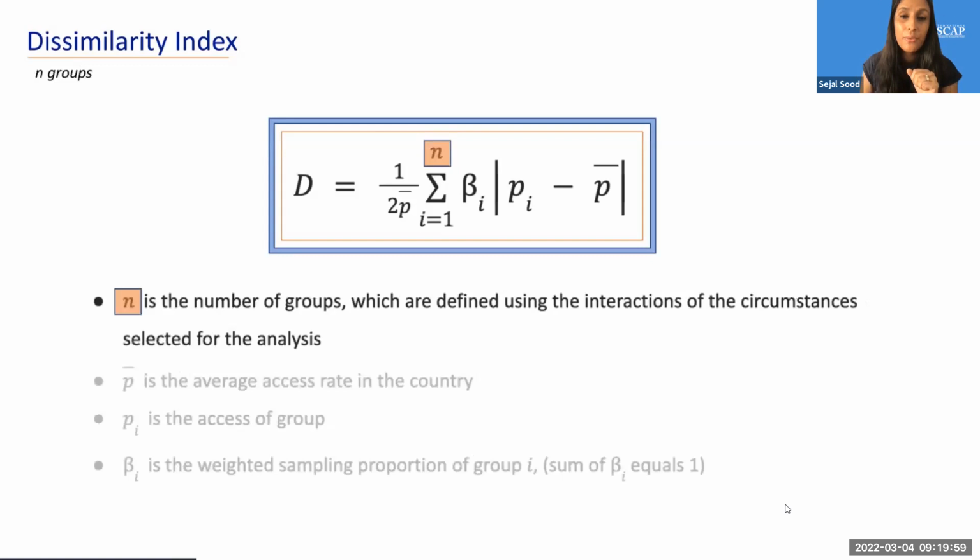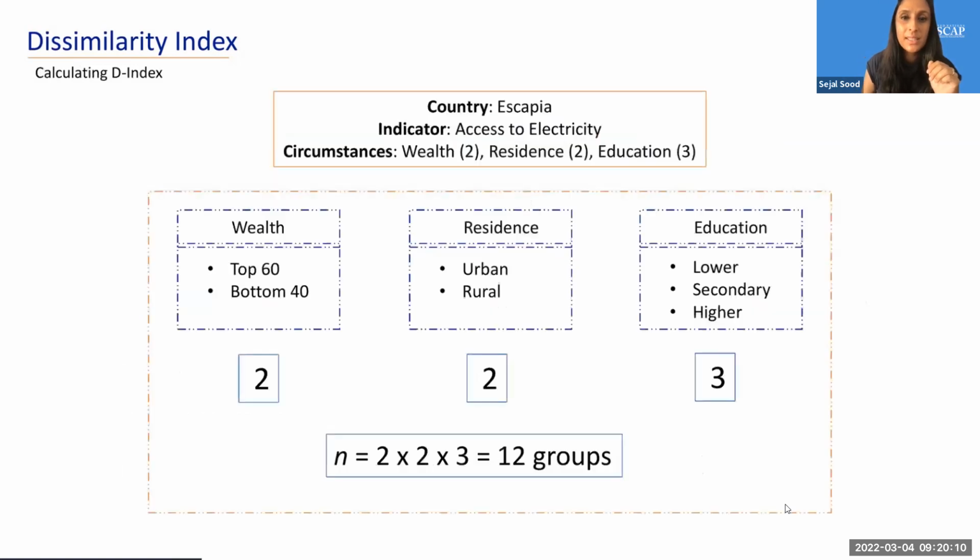So the first element of our D index formula is N, which is our total number of groups that we are considering when calculating inequality. Just for example, in our video example for access to electricity, if we are considering, for country ESCAP, 3 circumstances: we have wealth, which has 2 different options, the top 60% of household wealth and the bottom 40% of household wealth.